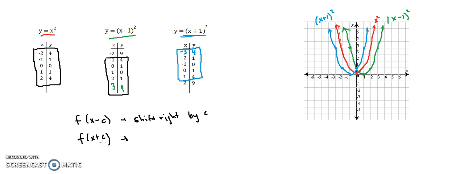And if you add a number inside the function, that's going to shift left by that amount. When you add or subtract inside the function, it's going to be a shift left or right, and it's opposite what you'd expect. Now again, we did this with x squared, but we could do this with lots of different functions. You would see that they all work the same. This will work for any function.